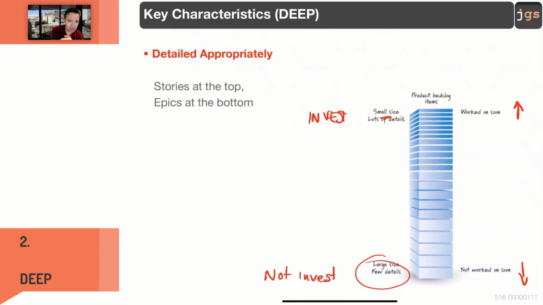Now, what is going to happen with these priorities? Well, with your stories, you're going to have stories with priority 1, 2, 3, I don't know, maybe even 10.